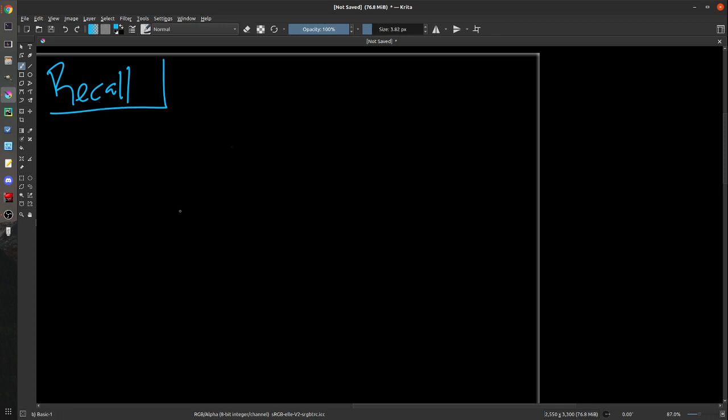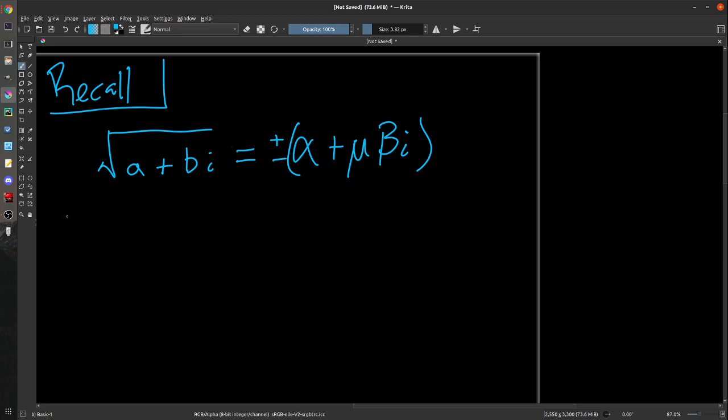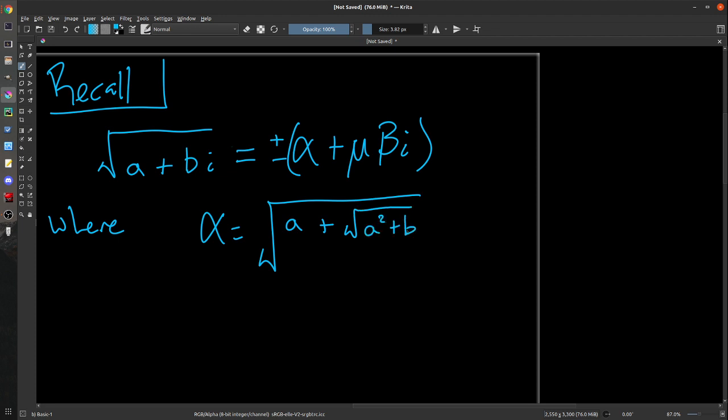All right, let's get back to it. So the square root, if you recall, of a plus bi is going to be given by plus or minus alpha plus mu beta i, where alpha is given by the square root of (a plus the square root of a squared plus b squared) all over 2.